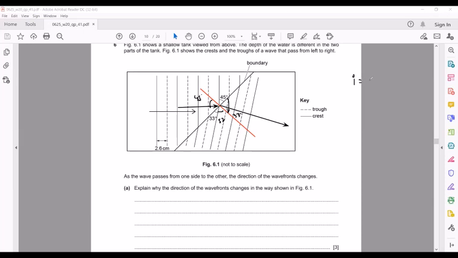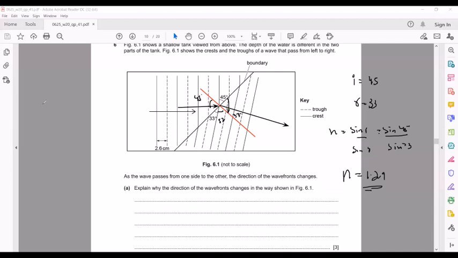Angle of incidence is 45. Angle of refraction is 33. What is the refractive index now? Sine angle I over sine angle R. Sine 45 divided by sine 33. What is this answer? It's 1.29. So this medium has the ability to bend 1.29 times more than the other medium.